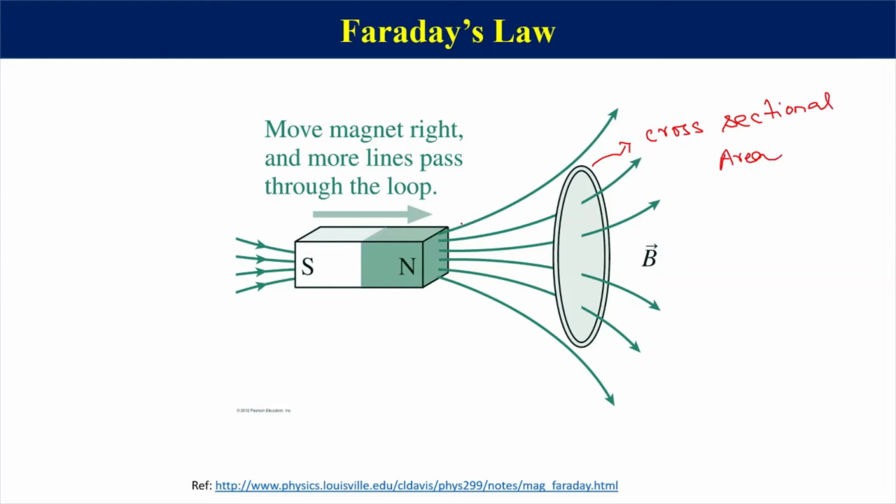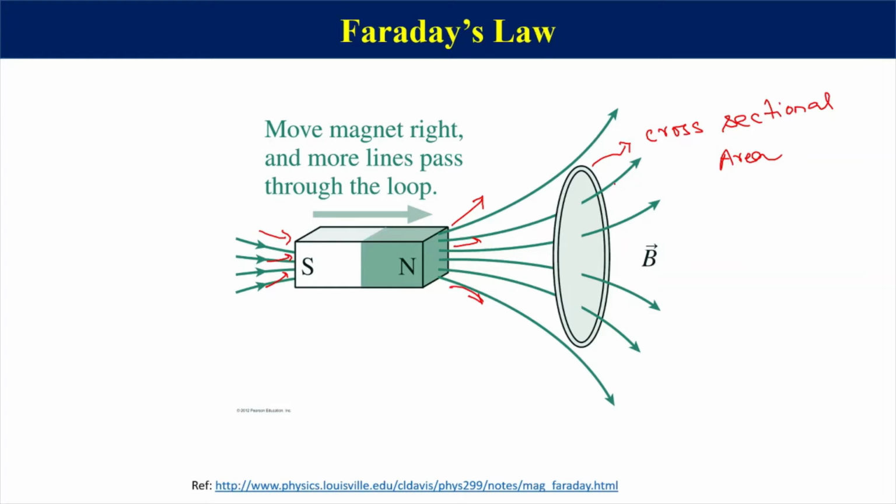Magnetic field lines will come out of the northern side and get into the magnet through the southern side. Suppose this coil is here, so the number of field lines crossing the coil is less.